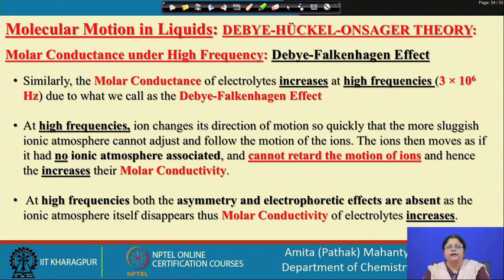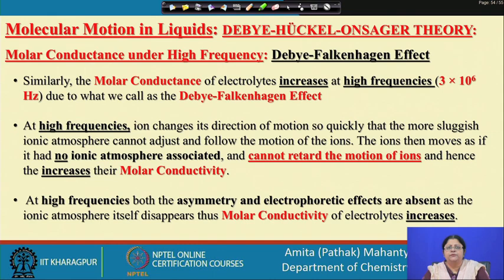So, the ionic atmosphere associated does not have any effect on the motion of the ions. The motion of the ions does not get retarded, and hence the mobility of the ions in the system will increase, and if the mobilities increase, the molar conductivity will also increase.